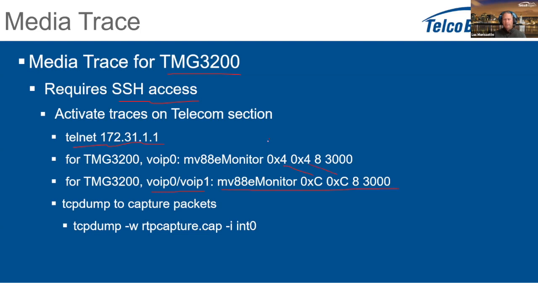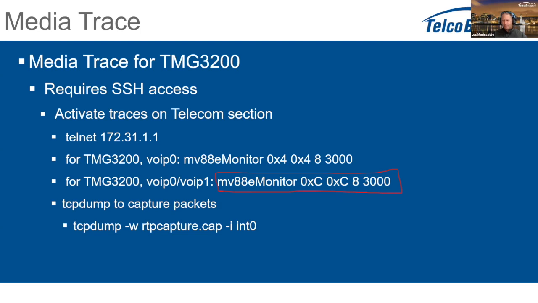This is what is being, I think, transmitted, and this one is received. And it's a mask of what you want to capture. Most likely you will want to capture VoIP 0, VoIP 1. If you run this command with the 88E monitor by itself, you will see the parameters. On the wiki, in our documentation pages, we also show you how this is done, and this is the most useful command that you can use.